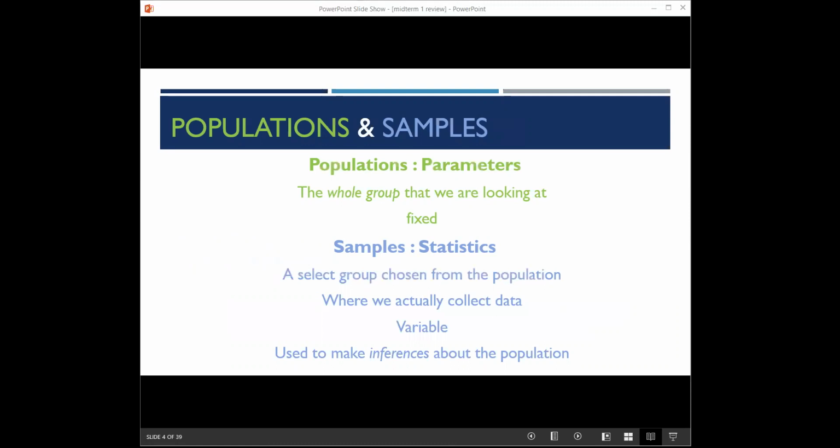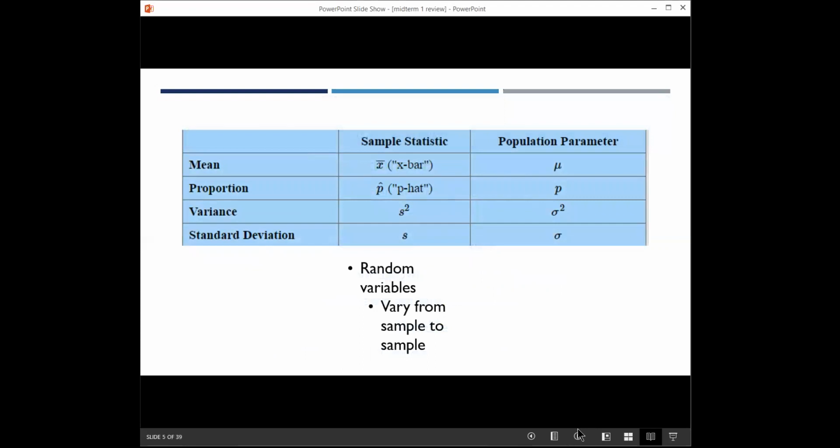There's a chart on the next slide that can show you that. But basically, since measuring whole populations is very difficult to do, you make inferences about your population through sample statistics, and that's a much easier way to gather information about the people that you're trying to make inferences about.